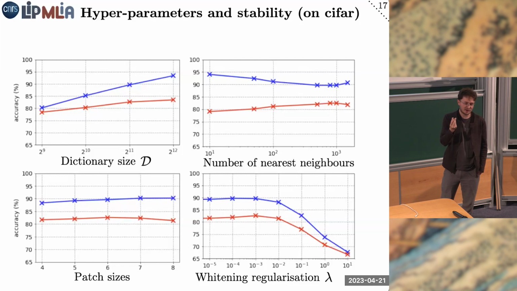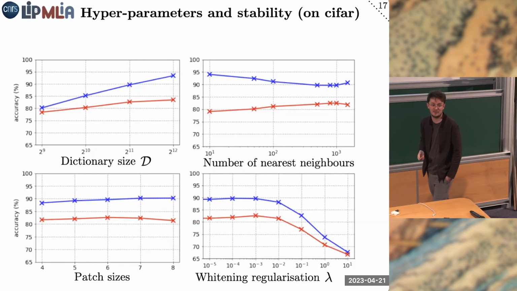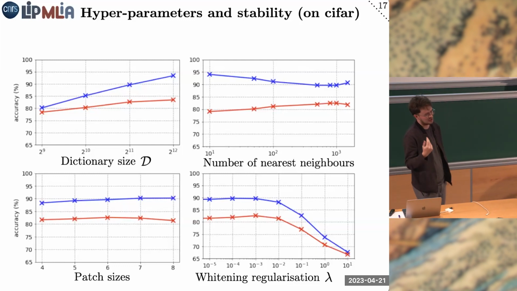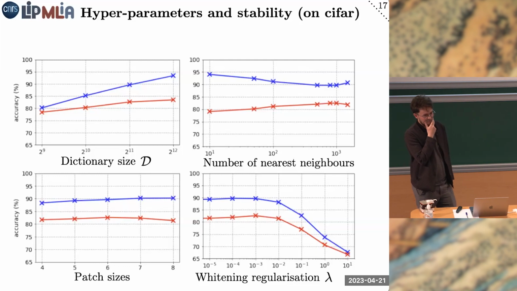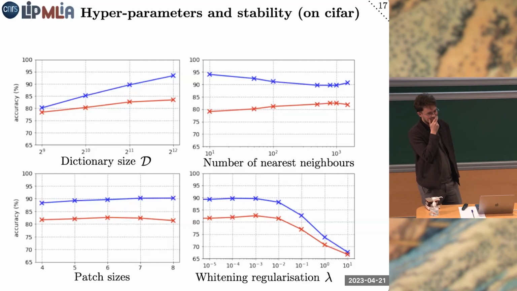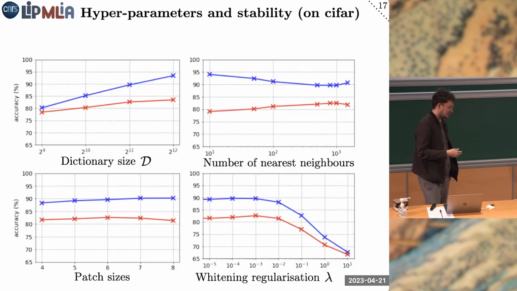If you think about it, we solely used 2,000 patches on ImageNet, and we're able to get a super good performance, which is non-trivial at least, much better than a random guess and many other baselines. So you don't think that with more patches you would get better? Of course, but I don't have the cluster. Okay, so it's really computation. I don't know. To be honest, I think there is a limit.